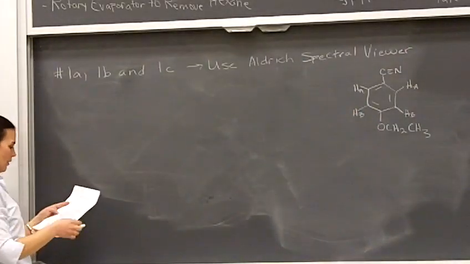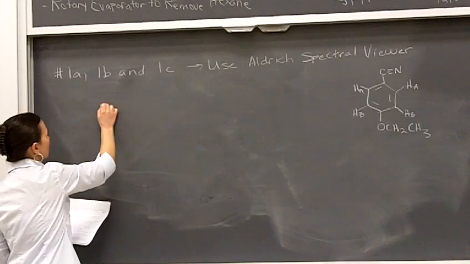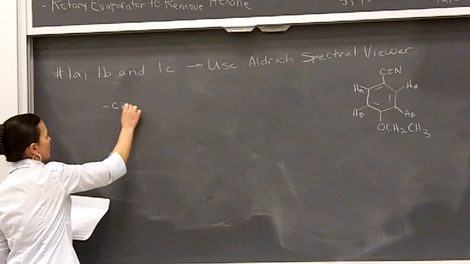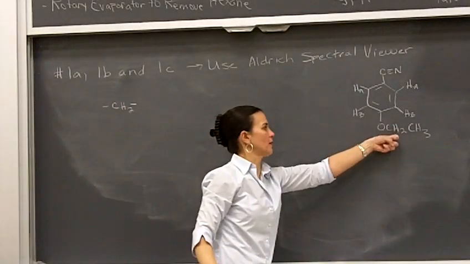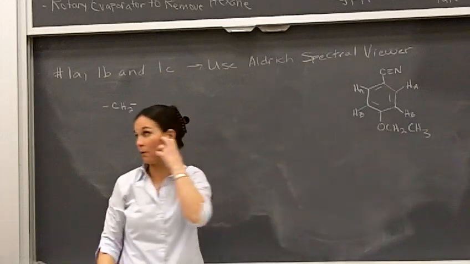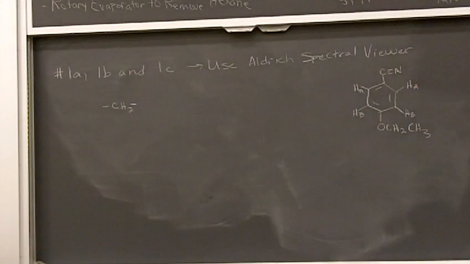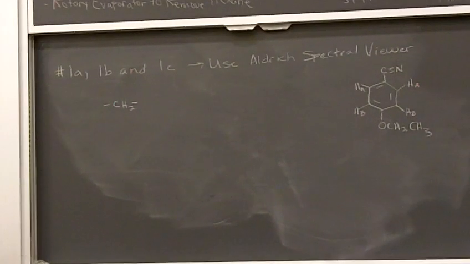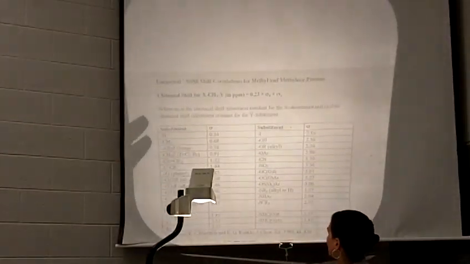And the first thing we're going to look at is the methylene protons, okay? So the first set of protons we're going to look at here is the CH2 of the ethyl group. To do that, we're using the table for methyl and methylene protons. That's in experiment 16, all right?